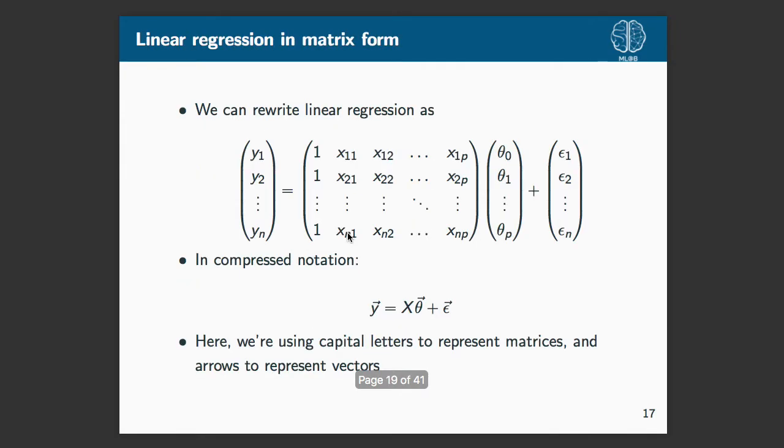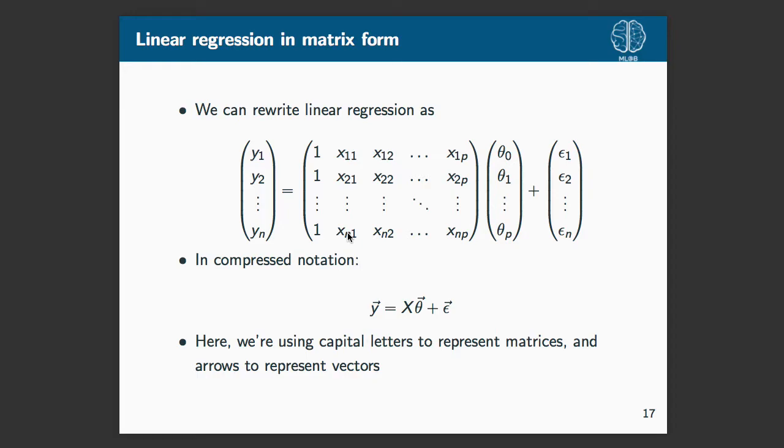But let's look at this in matrix form. So rather than having one equation for every data point, I can make this more compact by writing linear regression for all of my data into matrix notation. And it looks something like that. Each row corresponds to a different data point. So if I have n data points, I have n rows.